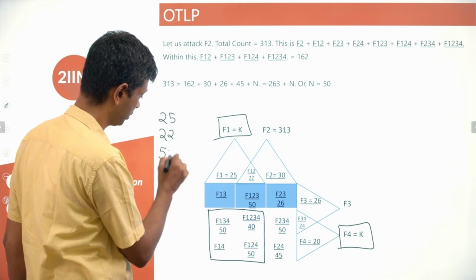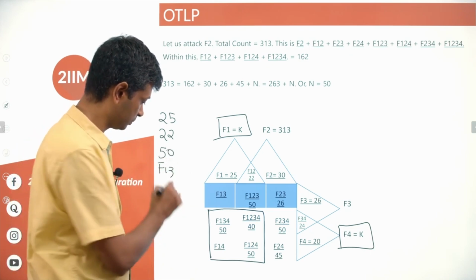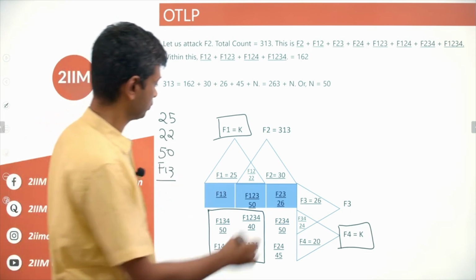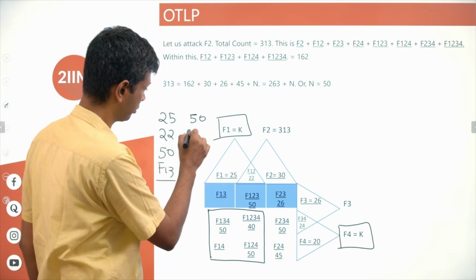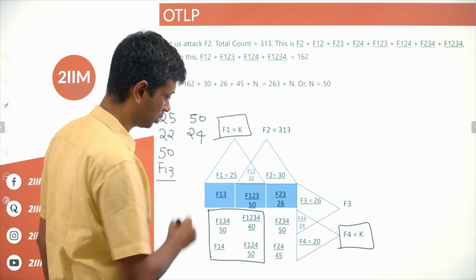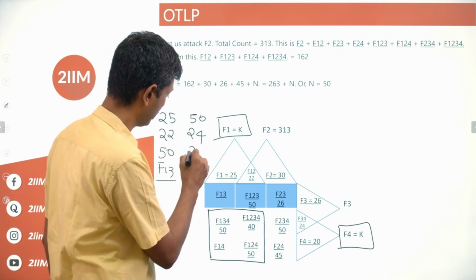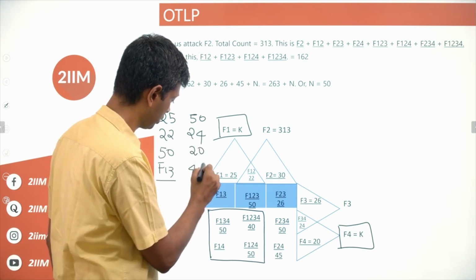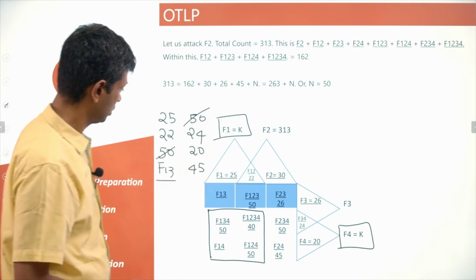plus 50 plus F13, which is this number, should be equal to 50 plus 24 plus 20 plus 45. This 50 gets knocked off.